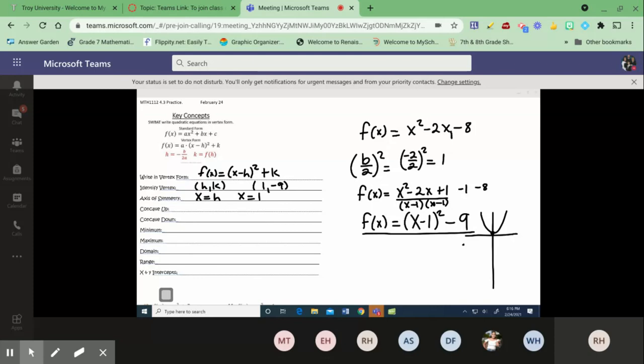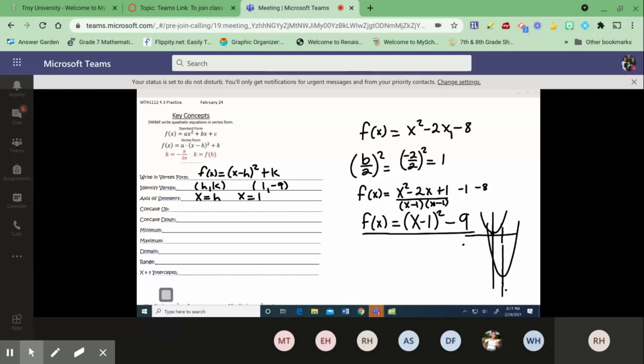So now my parabola is down here, and my vertex has symmetry with that x equals 1, right there. So what is my axis of symmetry? x equals 1.